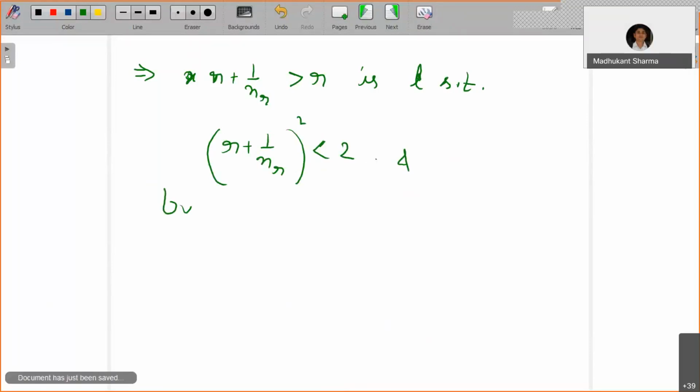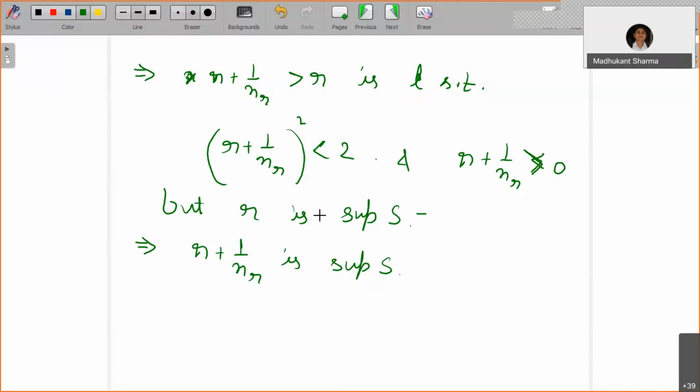But r is the supremum of S. What does that mean? r is the least element satisfying this. This implies r is not a supremum, because you have found r plus 1 by n_r, an element of S sitting on the right. So this is not possible, which is a contradiction to the fact that r square is less than 2.